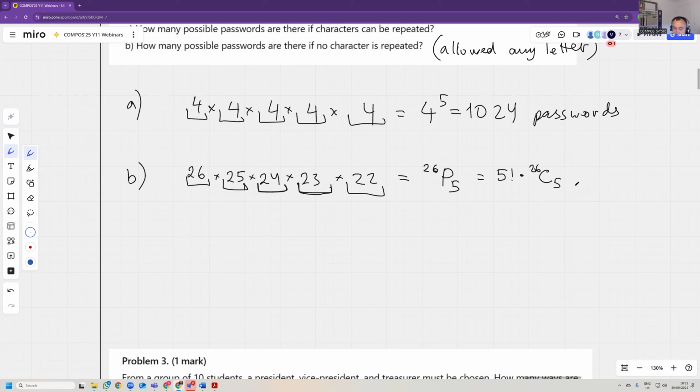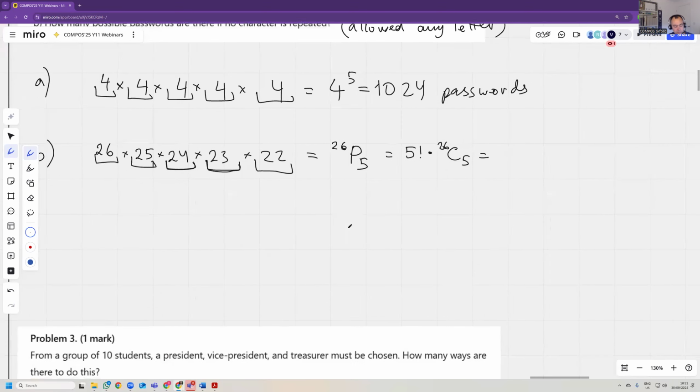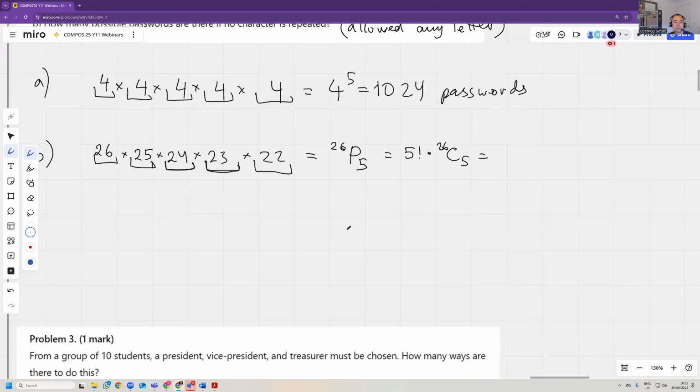It's another useful formula to consider. Your calculator can do 26P5, and it's a big number.